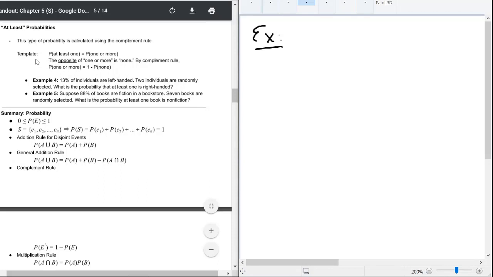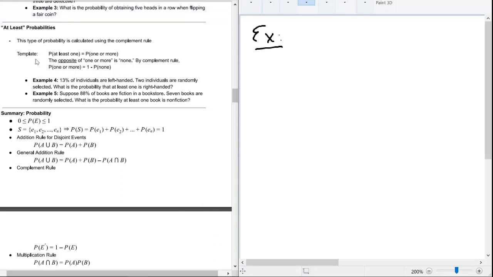So let's use a template to see how we begin the problem. So the problem is looking for the probability that at least one person is right-handed.